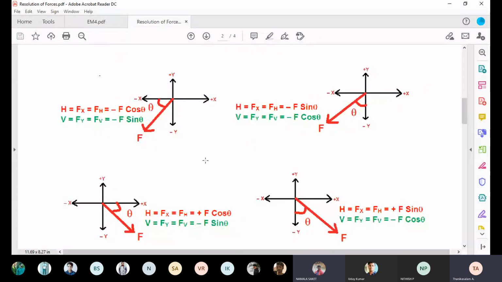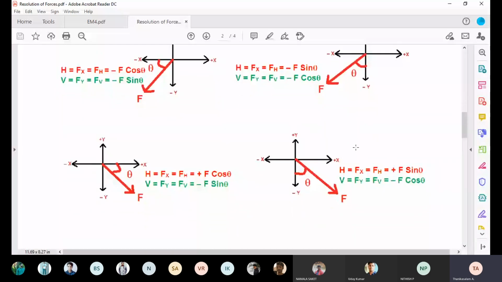So H is equal to minus F cos theta and V equals minus F sin theta, because both are negative in the third quadrant. Now explain the second diagram, theta with respect to the y-axis. Here H equals minus F sin theta and V equals minus F cos theta. Okay, super, excellent, thank you.